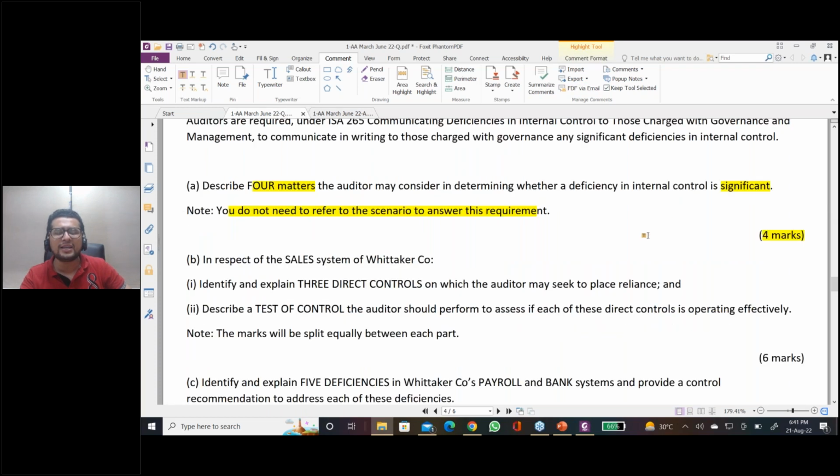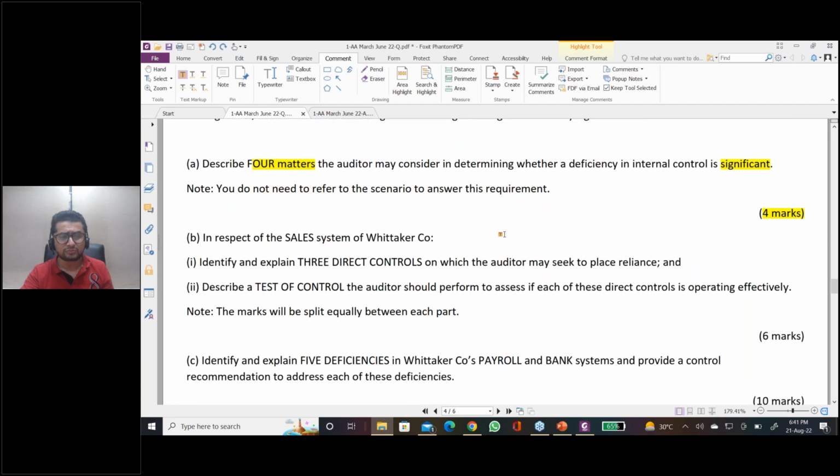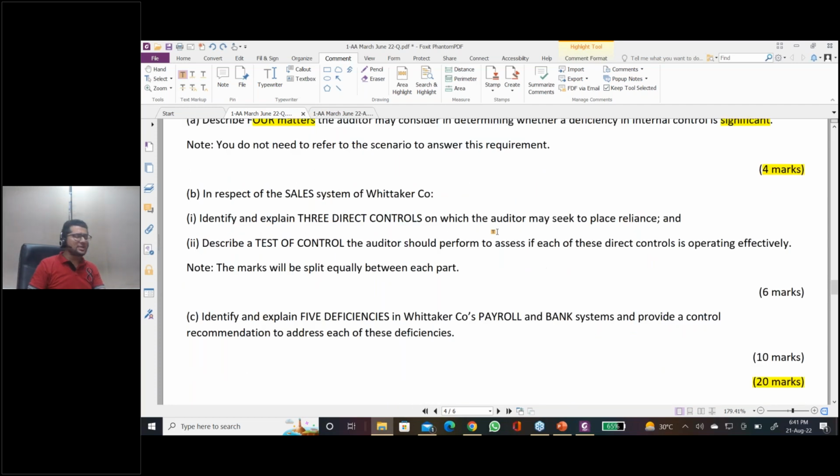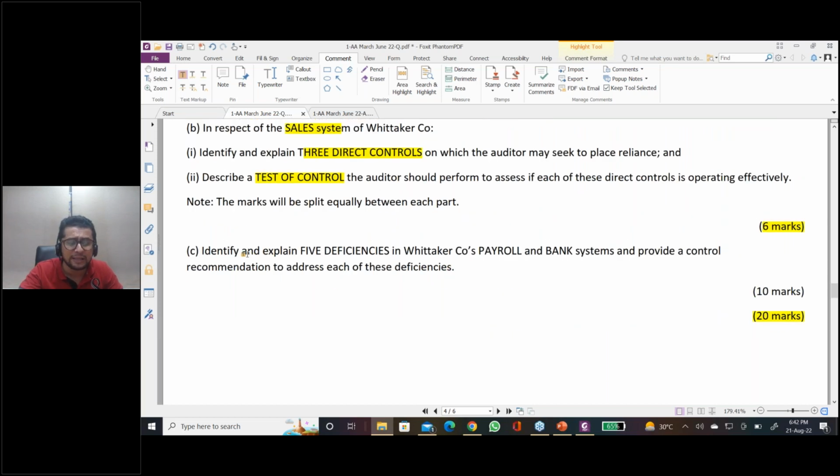So this part A is a straightforward bookish knowledge question. Part B and part C, please be very attentive. Part B, in respect of the sales system, you have to identify and explain 3 direct controls, and then write 3 tests of controls. So 3 plus 3 gives you 6 marks. And the question is only about the sales system. What about part C?